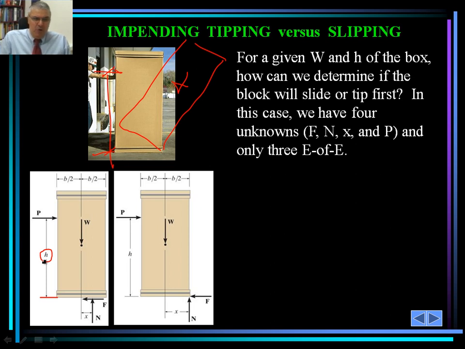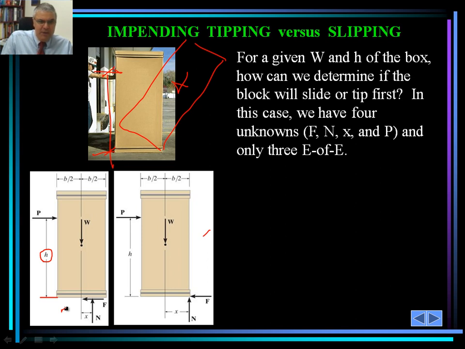Now, in this case, we have 4 unknowns. Can you identify these 4 unknowns? Well, it is shown here on this free body diagram. Those 4 unknowns are P, W, F, and N. Of course, there is a relationship between them.